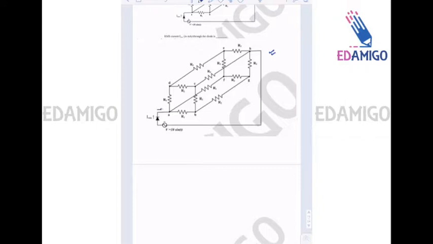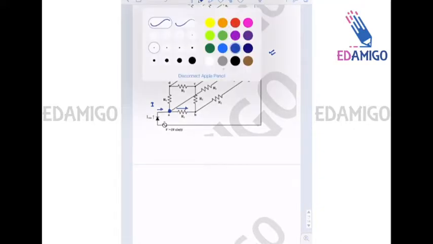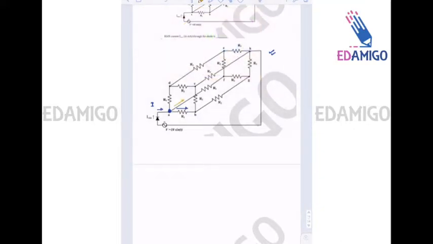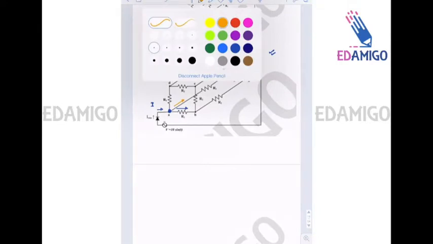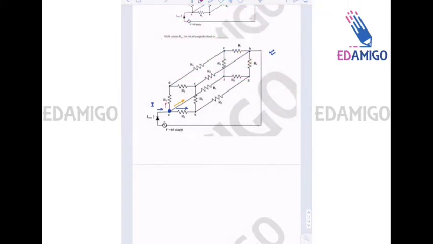If current I enters node A, then there are 3 paths available, that is path 1, path 2, and path 3.